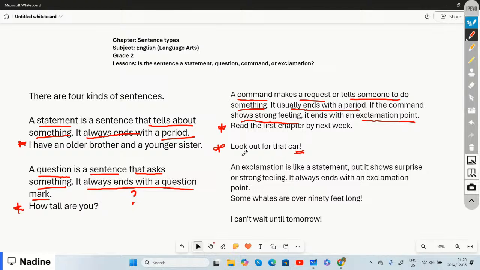And then lastly, we have an exclamation sentence. An exclamation is like a statement, but it shows surprise and strong feelings. And an exclamation always ends with an exclamation point.